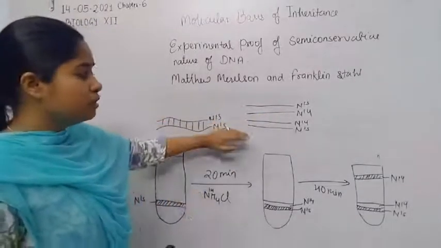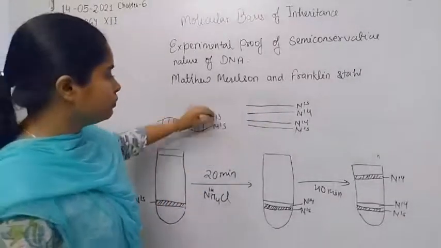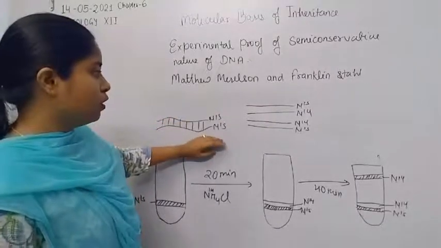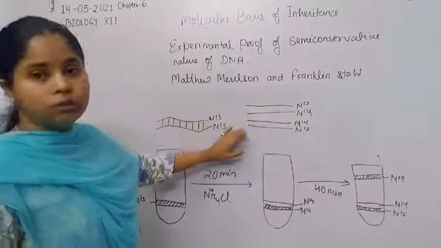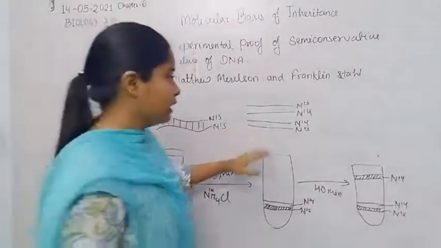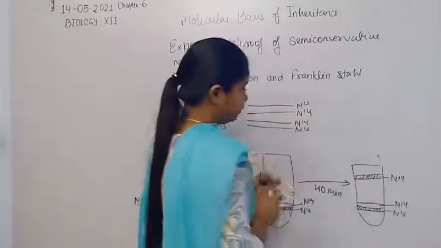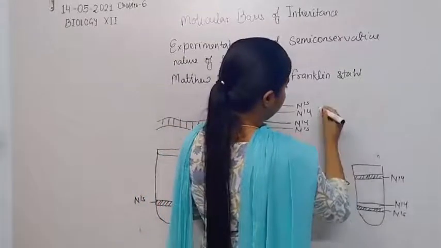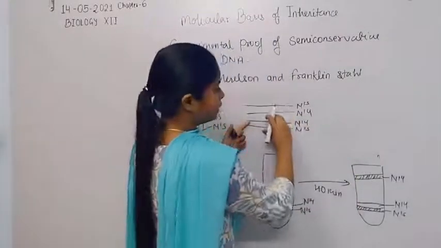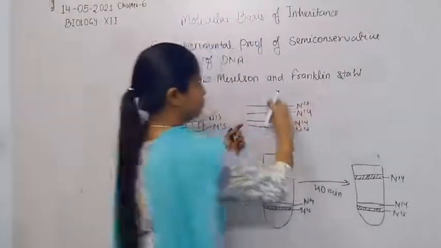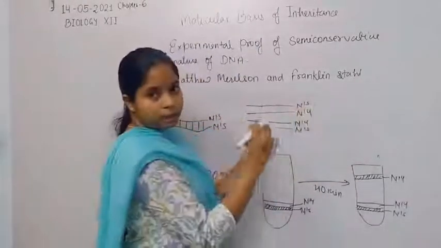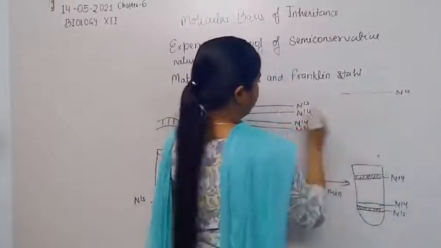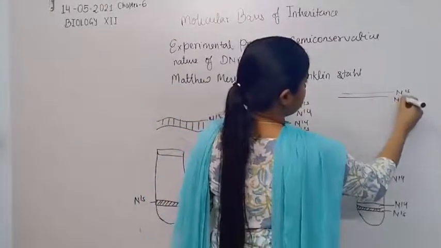That's why they use different isotopes of different density for differentiating between the newly synthesized DNA and the parental DNA. For example, after 40 minutes, what they observe is that this strand also undergoes replication, and so does this strand. So we can separate this strand. Here is N15, and here is the newly synthesized DNA, N14.